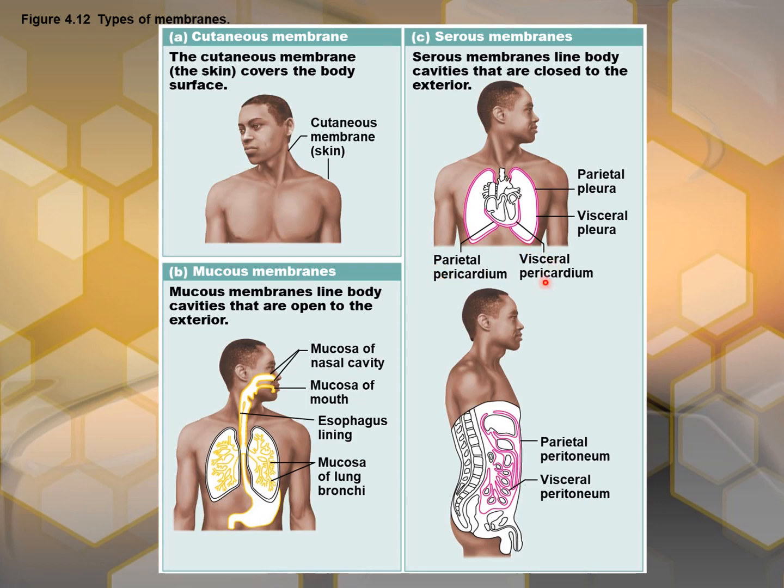And then we have our serous membrane. So hopefully you remembered our 3 P's. Okay, parietal pericardium, visceral pericardium. So that's our pericardial cavity around the heart. Parietal pleura, visceral pleura, right? Outside, inside. And the pleura surrounds each lung. Okay, the pleural cavity.